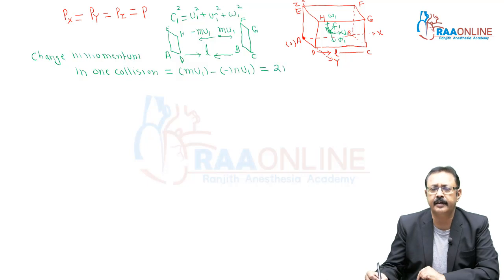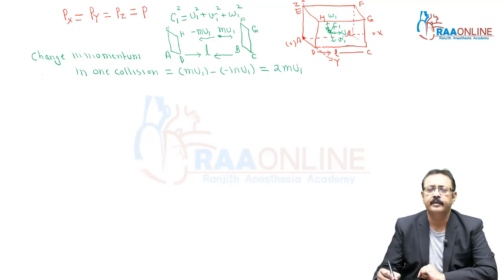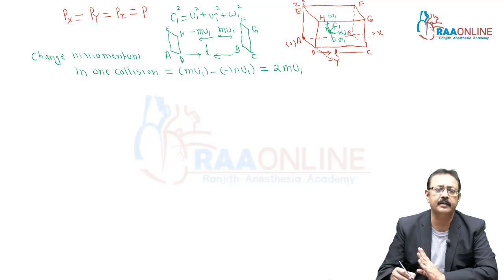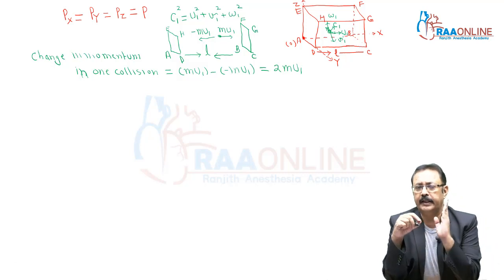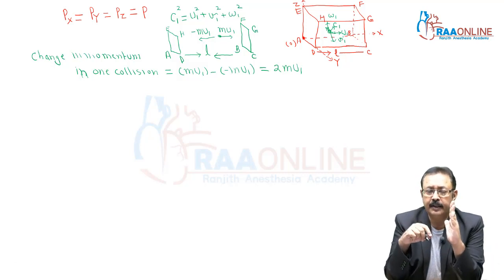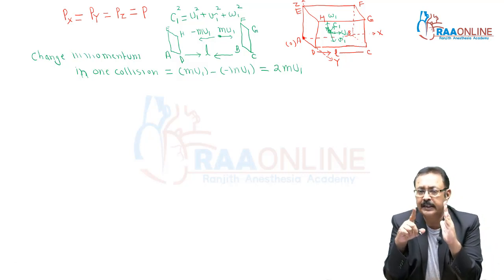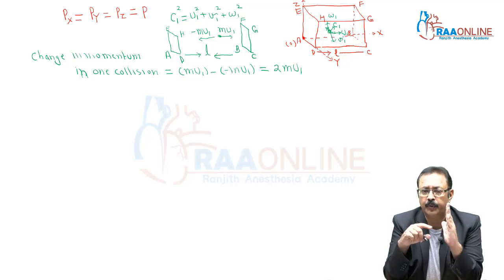You can understand it should be 2mu1, not taking direction, only magnitude. In each collision there is a change in momentum of this molecule of 2mu1.